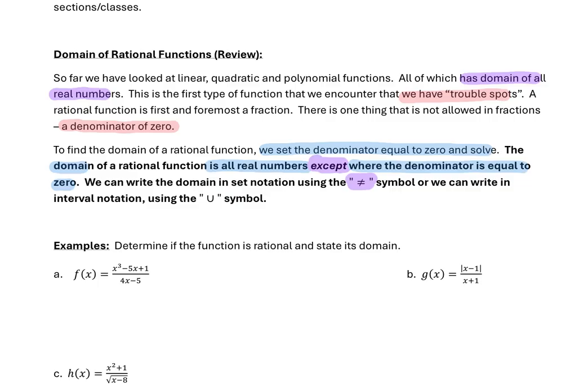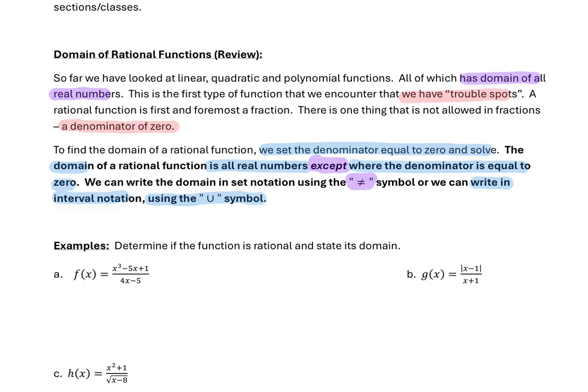We can just say x is not equal to whatever. But we have introduced the union symbol in this class, and so the other way that we can write this is in interval notation using the union symbol. We're going to look at both of these notations as we progress.